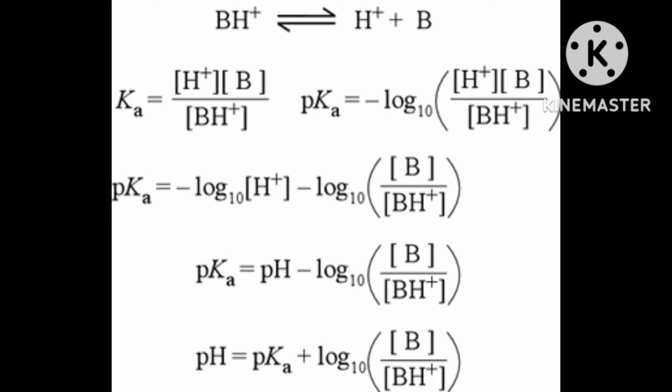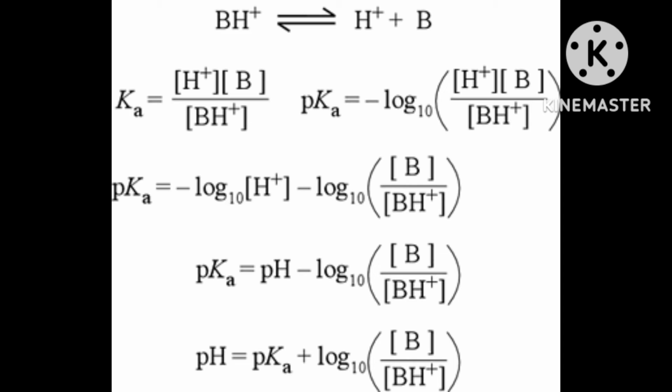As for example, for acetic acid, the pKa value is 4.76. I already told you in the last class.